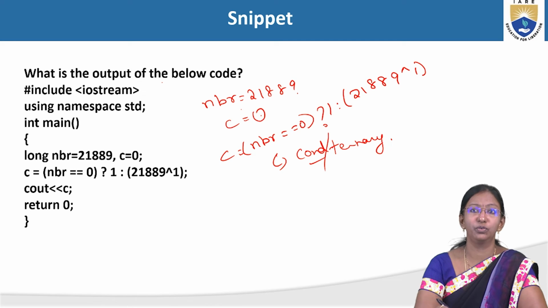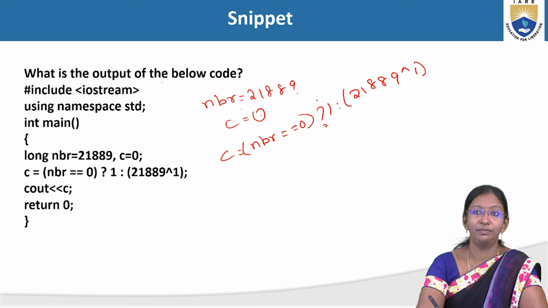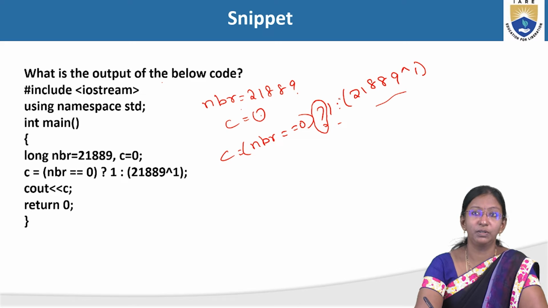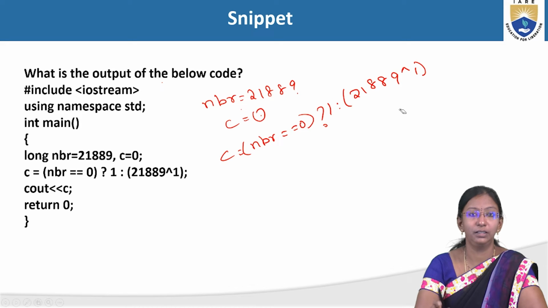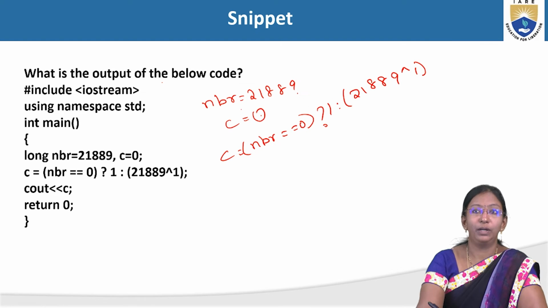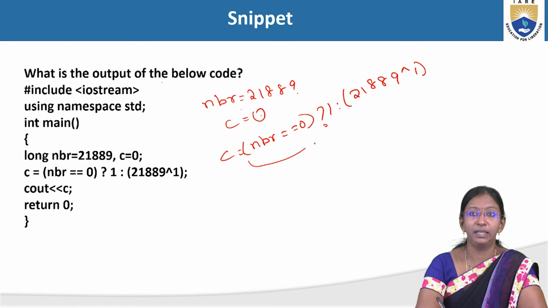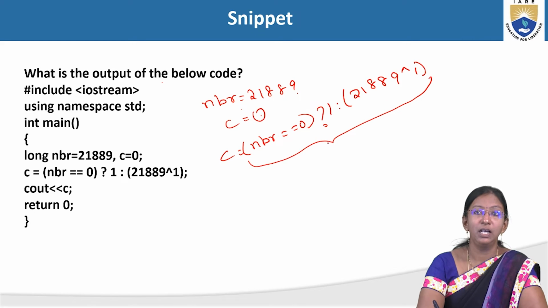Clearly the structure shows the same: you have a question mark followed by two statements separated by a colon. That itself tells us this is a ternary operator. Whatever the result of this ternary operation is will be assigned to C.